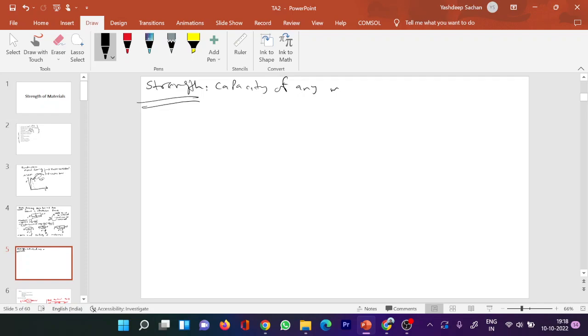In other words, the maximum load that a body can withstand without failure, the capacity of any material to withstand load without failure.